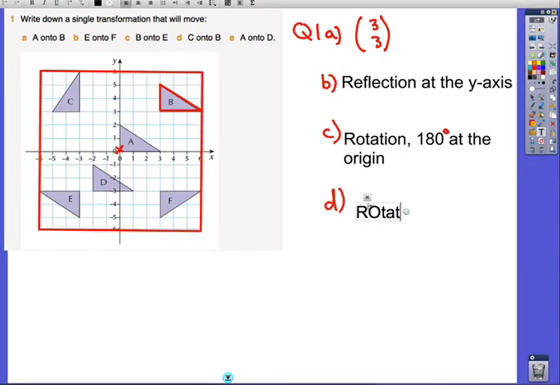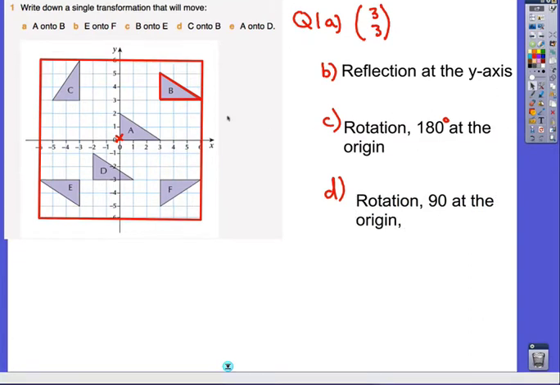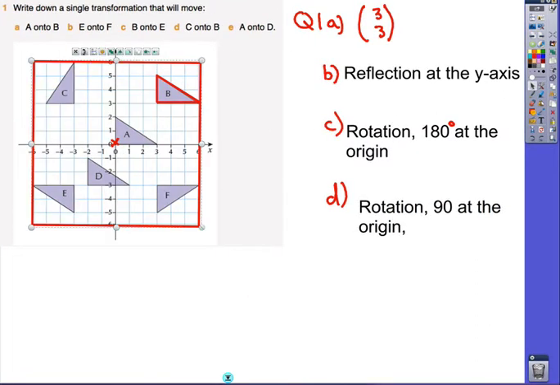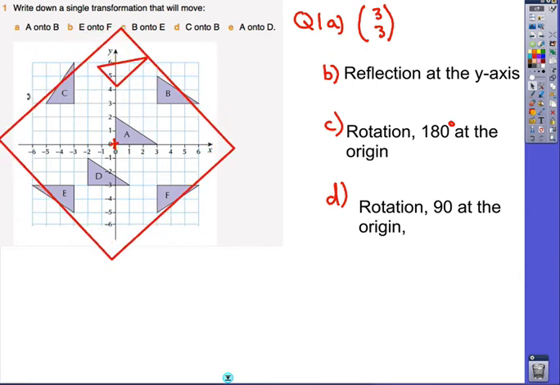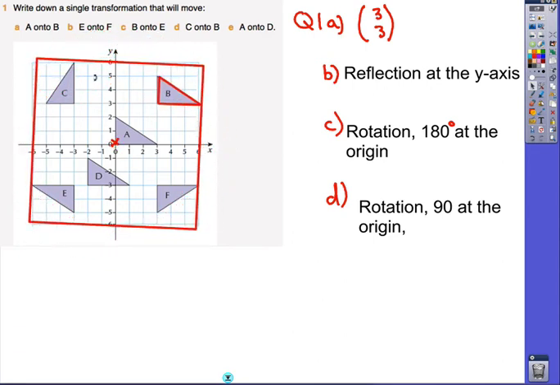So rotation, 90 degrees at the origin. There's another keyword that you need to include for rotation, and that is clockwise or anti-clockwise. Well, we've gone clockwise, in the same direction as the clock, so it's 90 degrees at the origin clockwise.